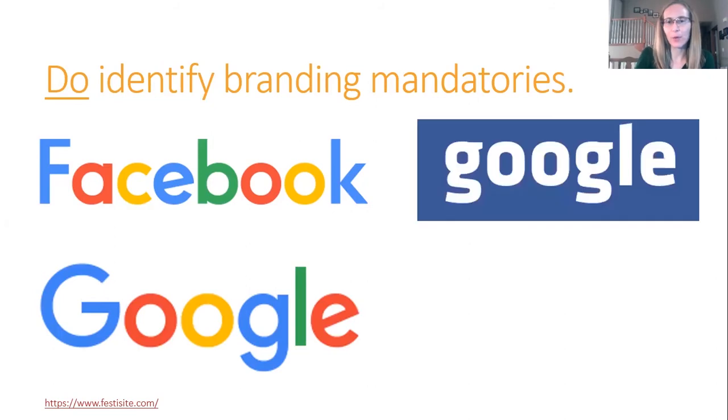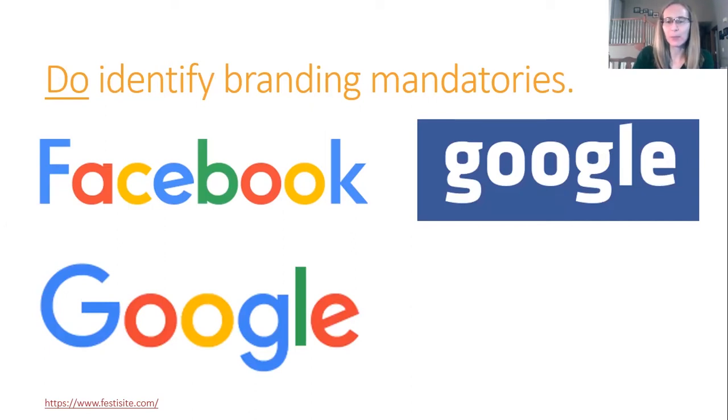As a second example, this logo says Google, but because of the white text, the blue background, the font choice, and then also the use of all lowercase letters, you may not think Google whenever you see this logo.